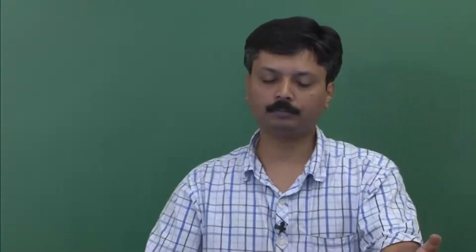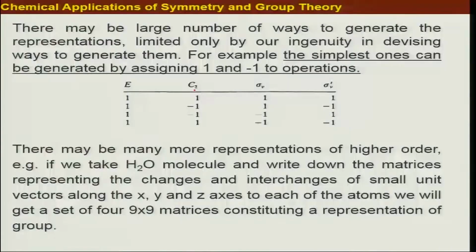So some more examples here. As we said, a large number of representations can be formed. The representation with the smallest dimension that one can have is a one-dimensional matrix, right?